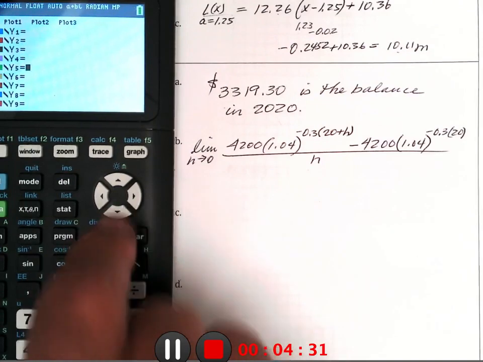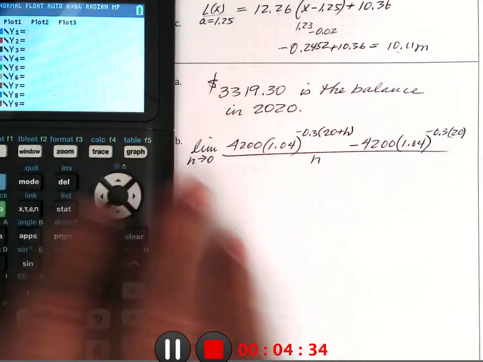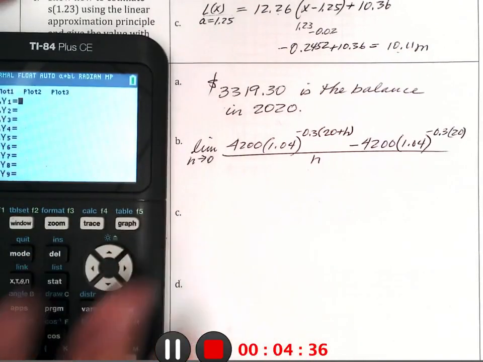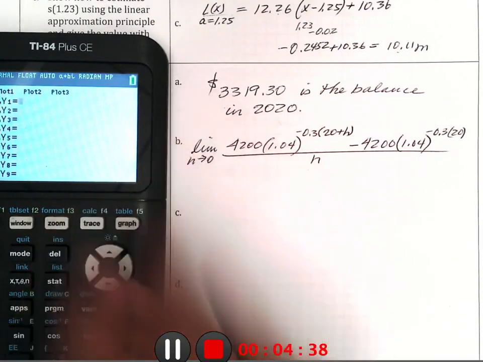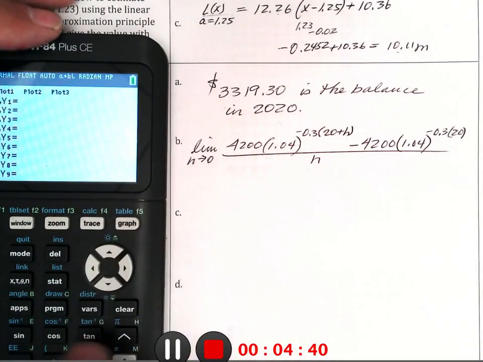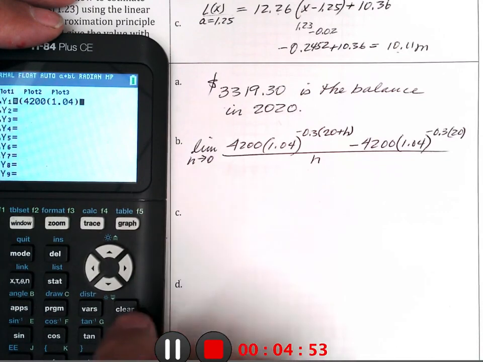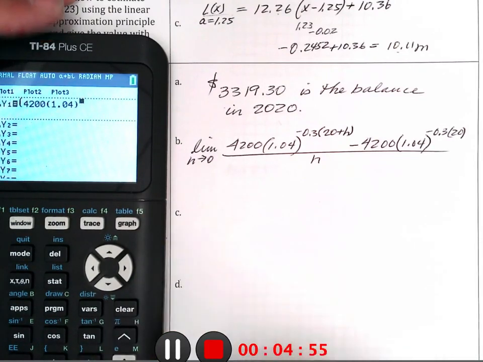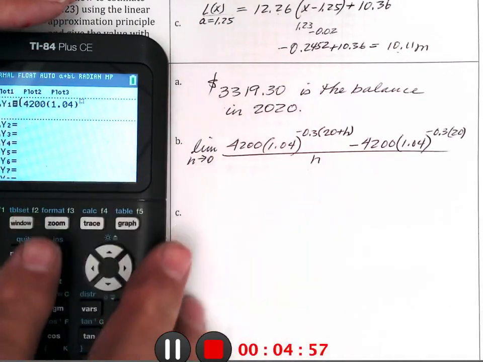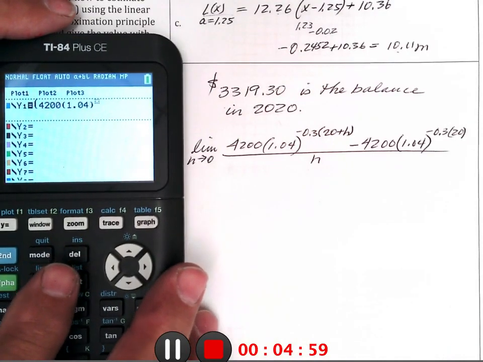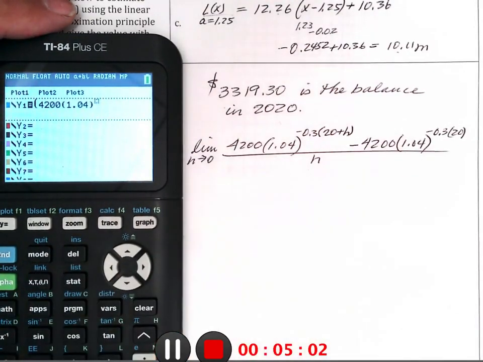So I'm going to clear all those and type it in, and I'm not going to use some of the fancy features of this nice calculator. I'm going to open my parenthesis, and then for the numerator, 4200, parenthesis 1.04, close parenthesis, 2. Now this goes up on this fancy calculator. If you're using an old one, it doesn't go up, and so you have to put parentheses around all of this.